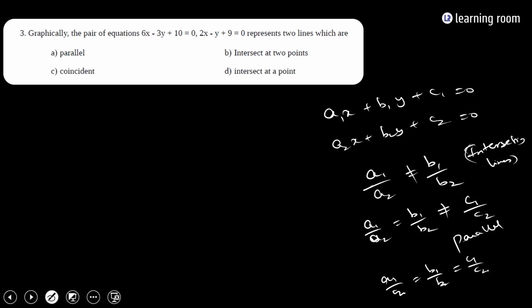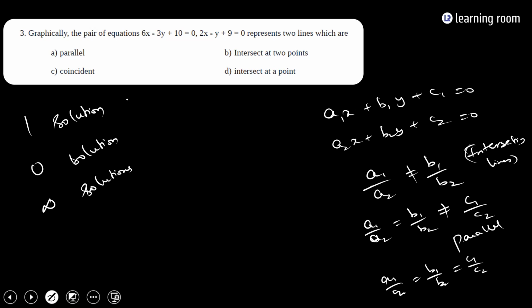Okay. Now if I want to twist and ask the question, I'll give you two equations and ask you whether the linear equations in two variables have one solution, zero solution, or infinite solution. When I say one solution, what do I mean?